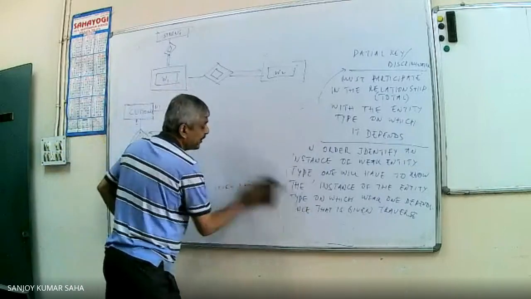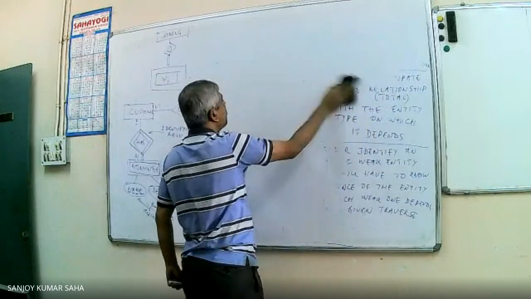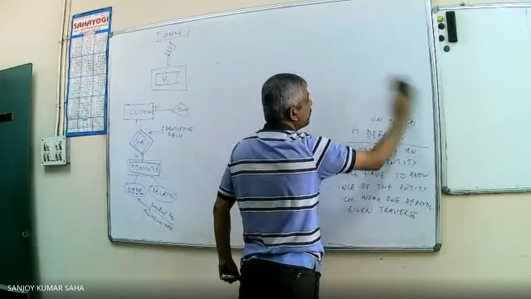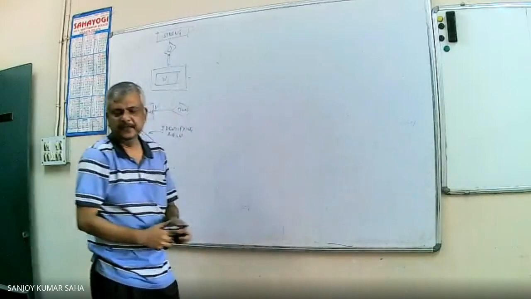So, given a particular system, or whenever we are studying a system, we have to map those things into the form of an ER diagram. So, we are capturing the information.